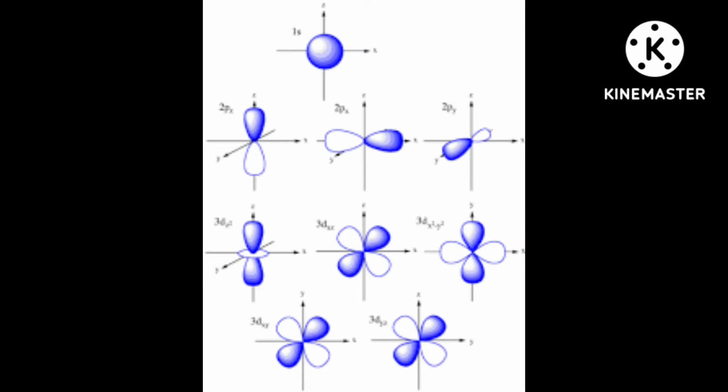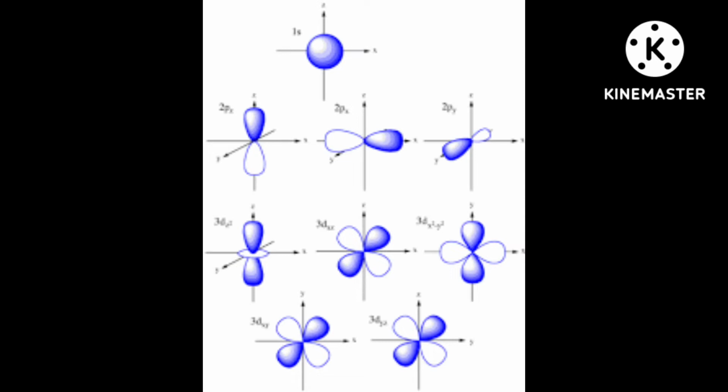In this representation, a boundary surface or contour surface diagram, both are the same, is a surface in space for an orbital on which the value of probability density, that is psi square, is constant.